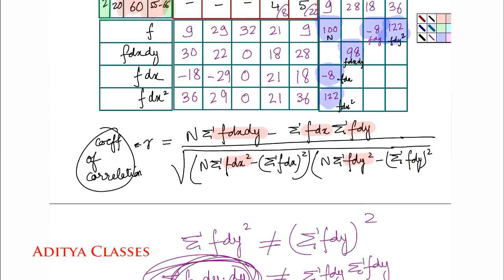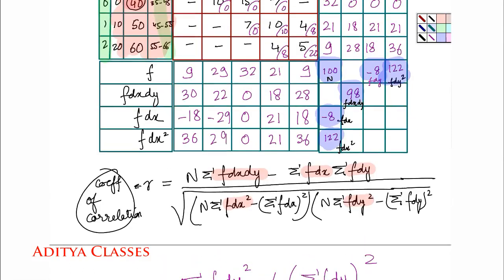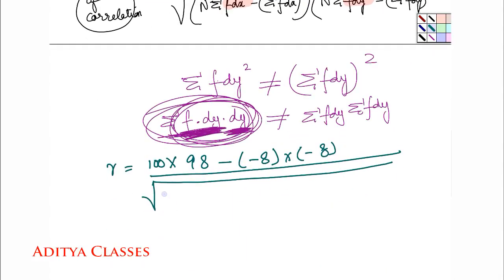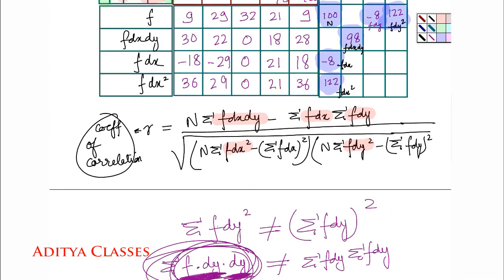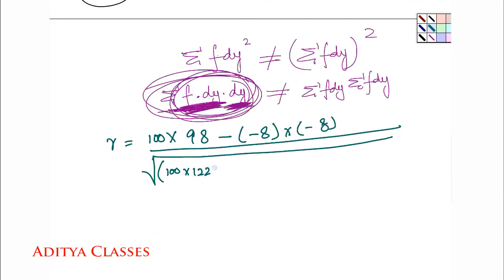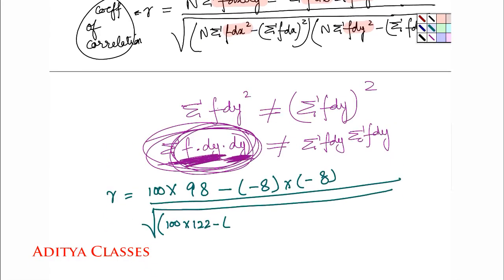Then what do we have? N multiplied by f dx square. F dx square is 122, n is 100. So we get 100 multiplied by 122, f dx square. Then there is a minus sigma f dx whole square. F dx is minus 8 and square of that. We have this minus from the formula. Then this is minus 8 square.